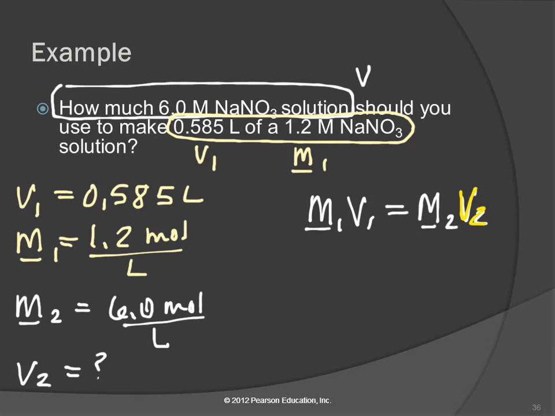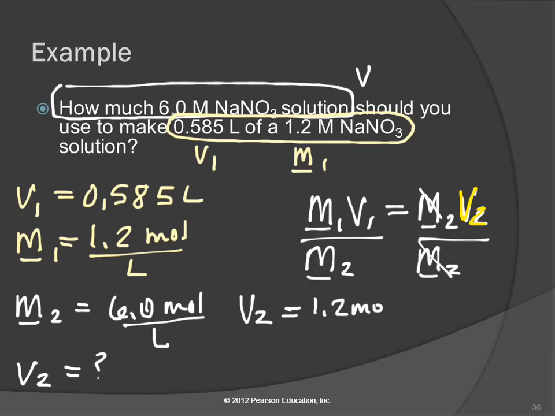So this equation is nice, it doesn't have a fraction in it. So we're just going to divide. We'll divide by M2 on that side to get rid of it, and we'll divide by M2 on this side. So now we have volume 2 is equal to molarity 1, which is 1.2 moles per liter, times volume 1.